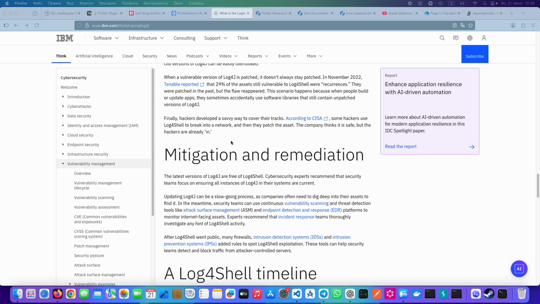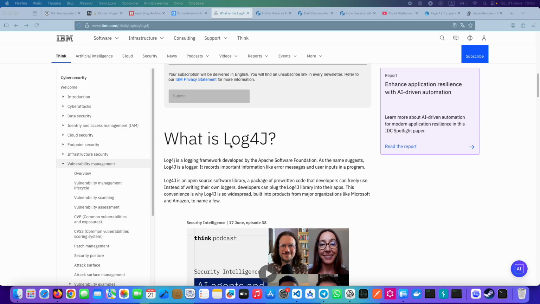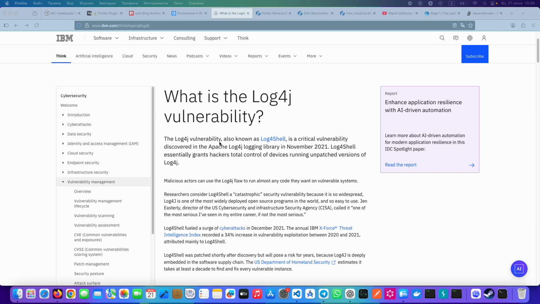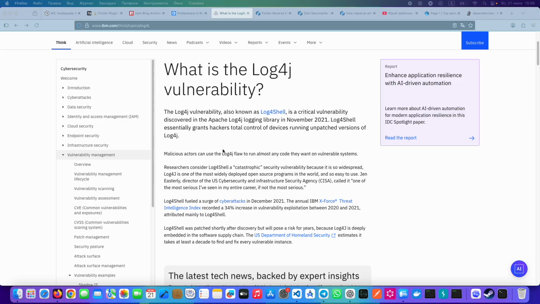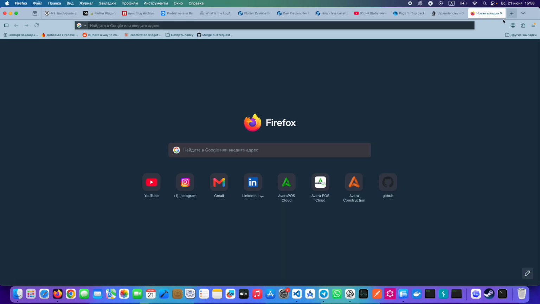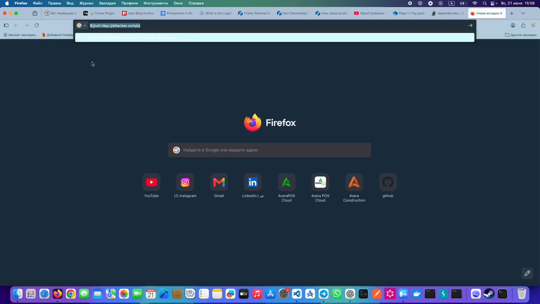So what did they do? For example, the hackers could send this kind of thing in the request: the attacker's URL. The logger makes a request, but in this specific request there's malicious code, and the server executed it. It was a big problem.